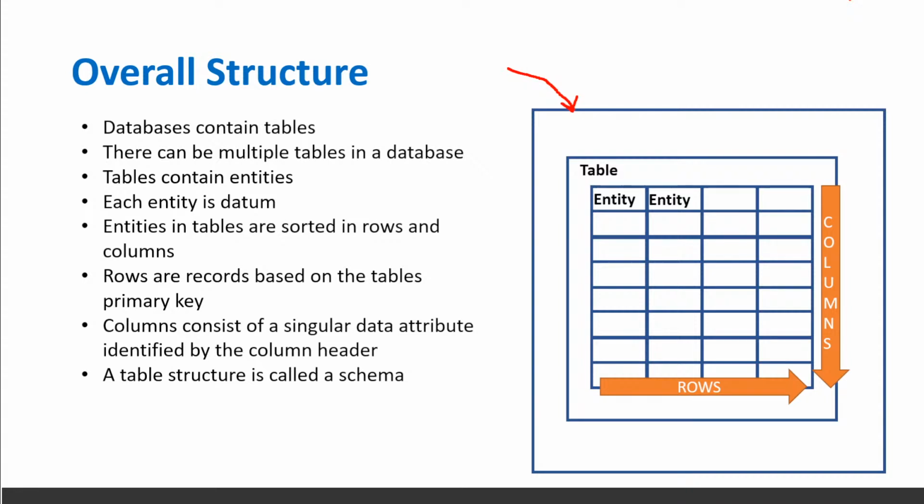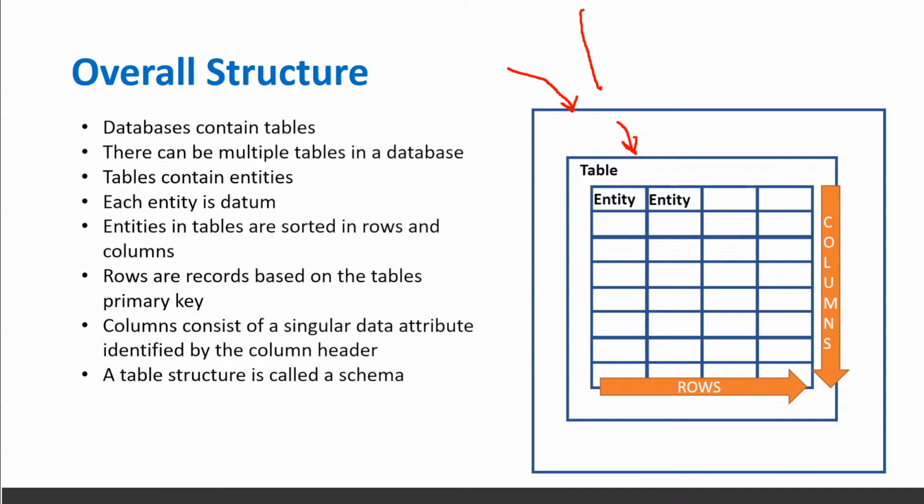So our database itself is a structure. Right? And a database can contain multiple tables. And so if we look here at our drawing, we have one table on the inside of here. We only have one for our purposes here.